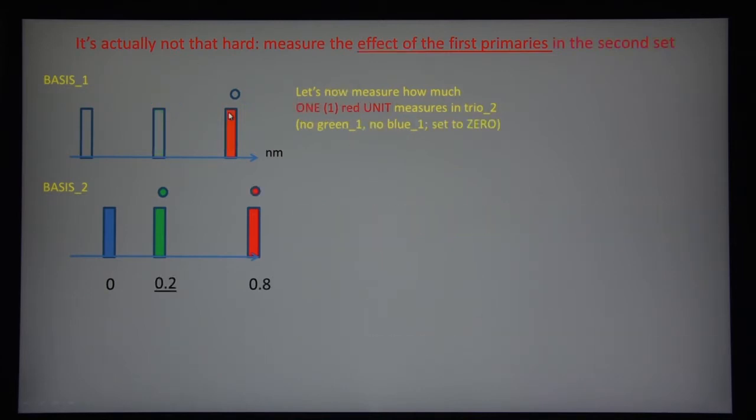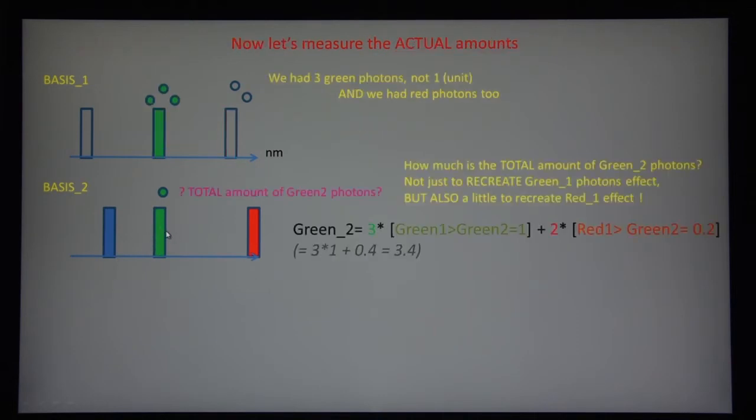We do the same thing for the red. So we have to measure whether it's exactly 0.2 or maybe 0.15 or whatever. But you have to do that once for the 9 combinations. And let's say for the red one, we need 0.8 red here and 0.2 green.